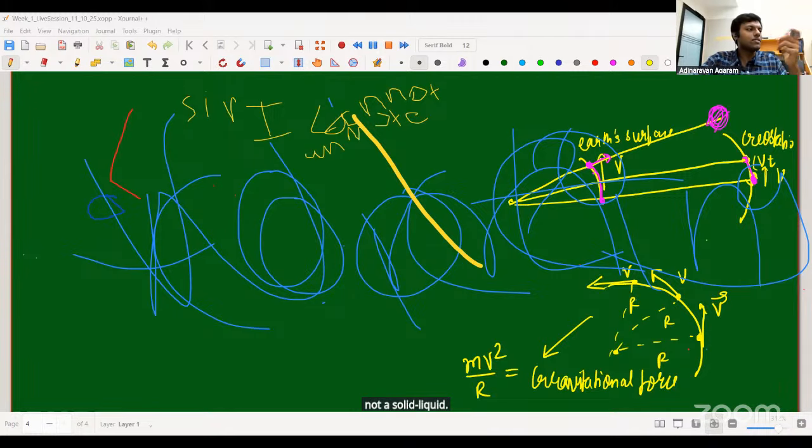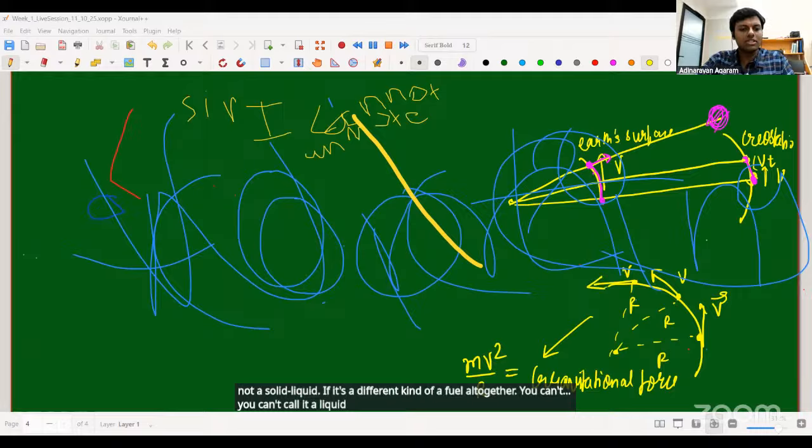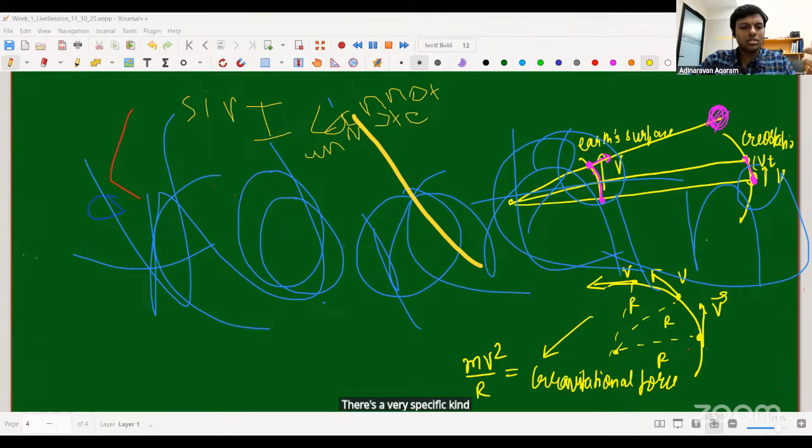It's a different kind of fuel altogether. You can't call it a liquid or a solid in the first place. It's a very specific kind of material that is used. Very low temperature gases, stuff like that. I hope that was clear.